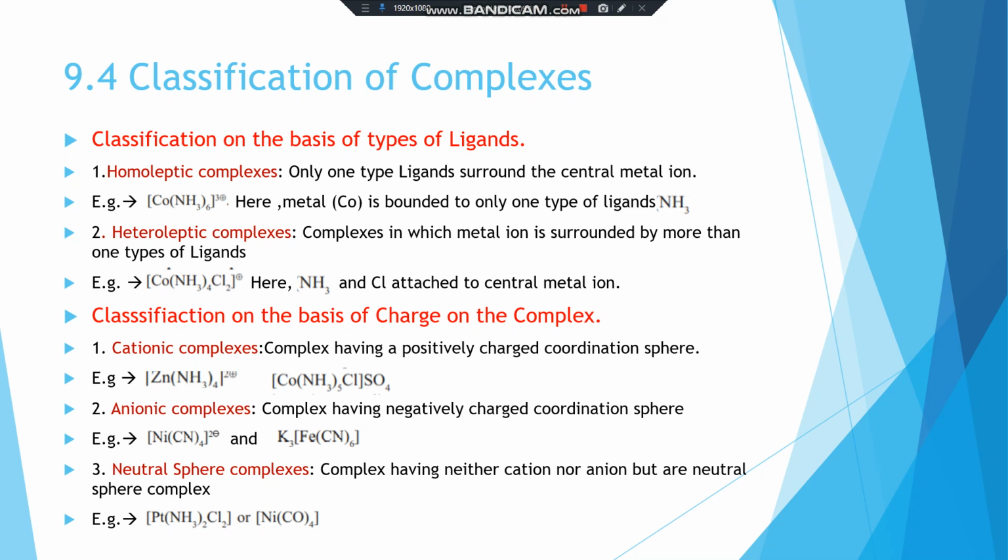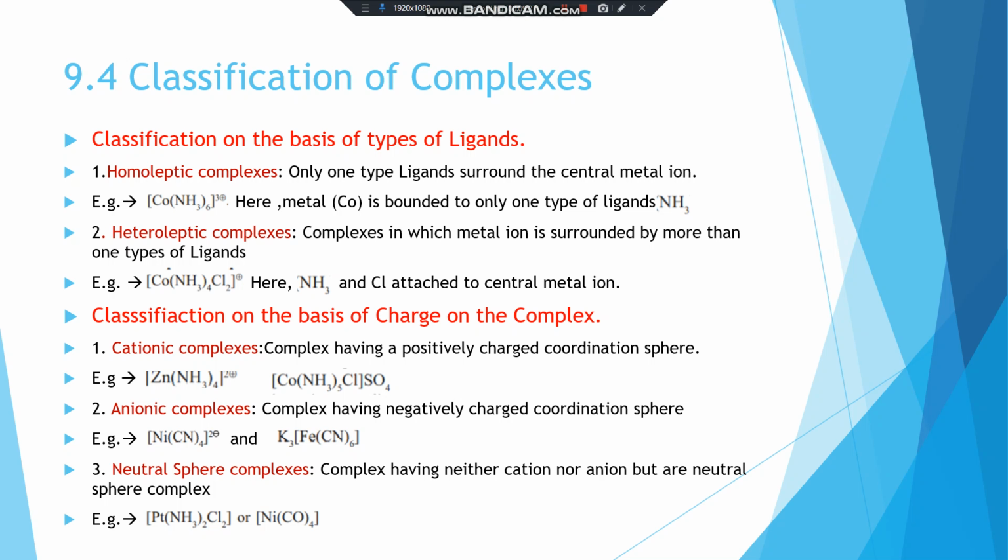Then classification based on the charge on the complex. These are three types: cationic complexes, anionic complexes and neutral sphere complexes. Cationic complexes have a positively charged coordination sphere. Their example is [Zn(NH3)4]2+. Anionic complexes have a negatively charged coordination sphere, such as [Ni(CN)4]2-.